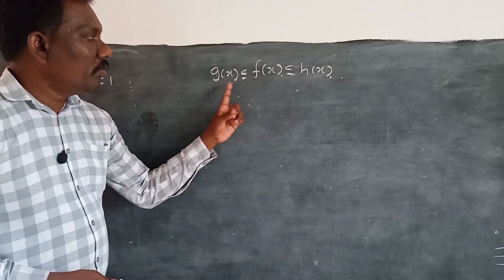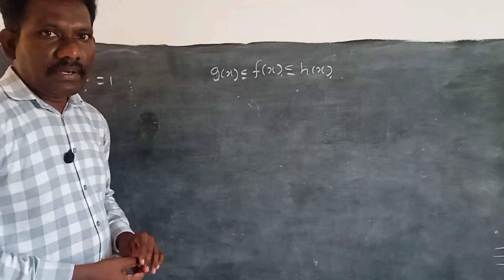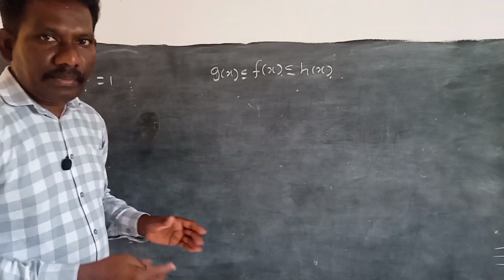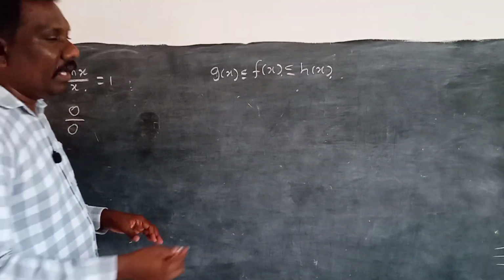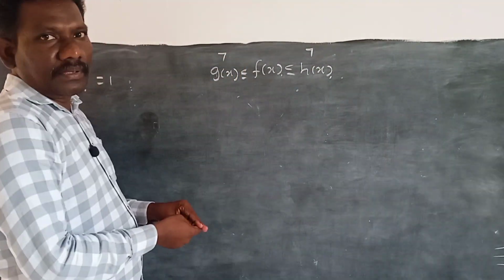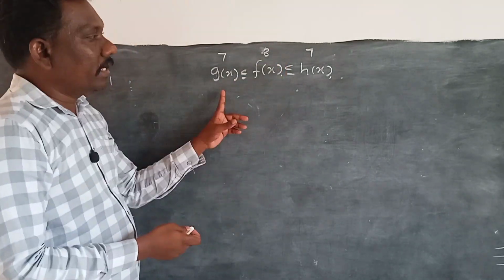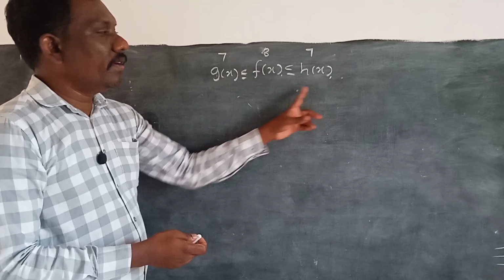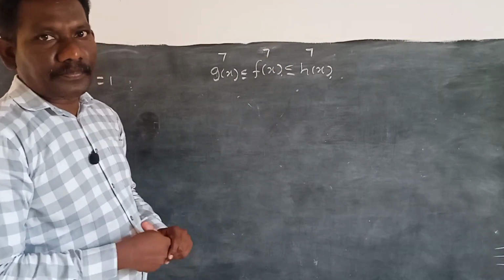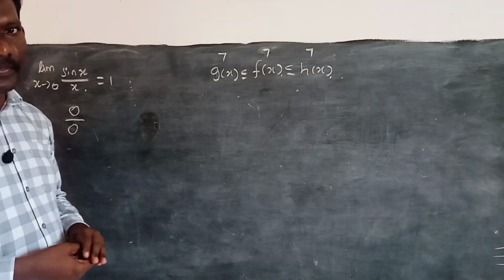If the bounding functions are the same in value, then the middle function f of x is also going to be the same. Like if we have a value of 7 at both extremes, then it is not going to be 6 or 8, because that cannot satisfy these inequalities. So it has to be 7 only. So this is the squeeze theorem. We apply this inequality, the squeeze theorem, to find this result.